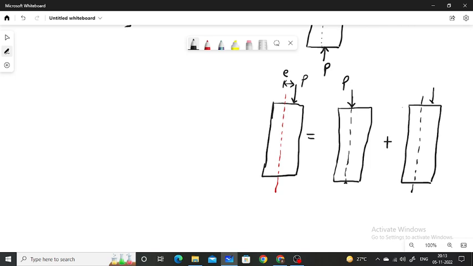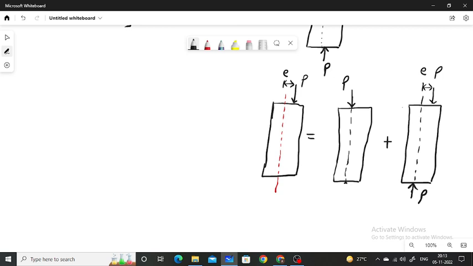Here, due to the eccentric load, a bending moment will be generated about the cross section of the column.